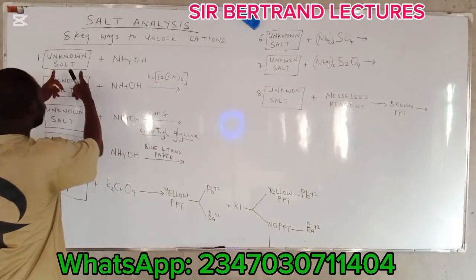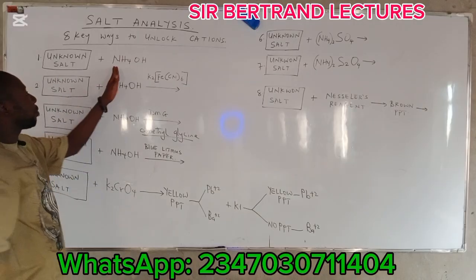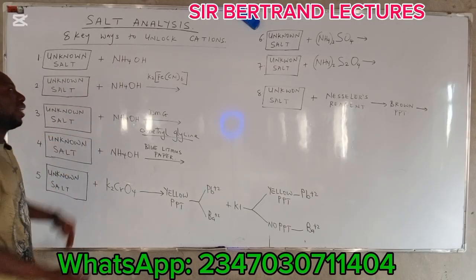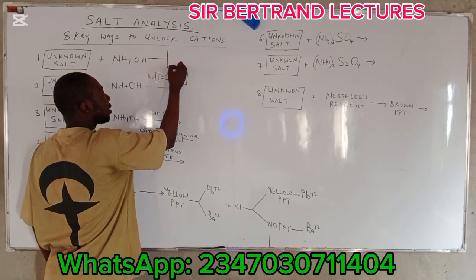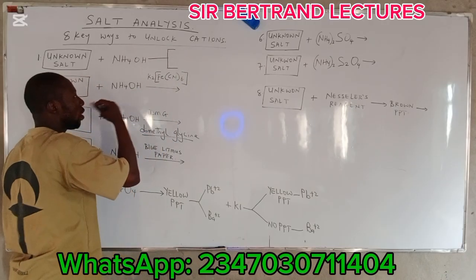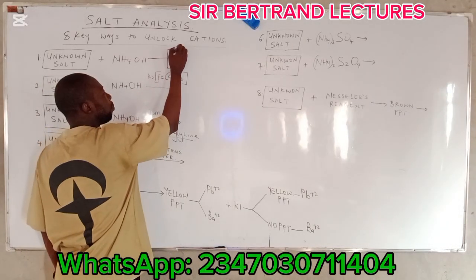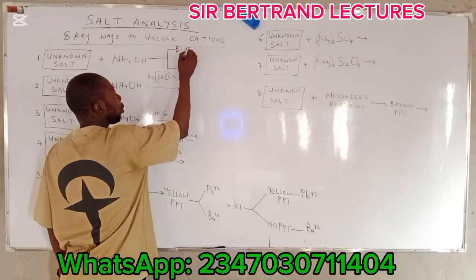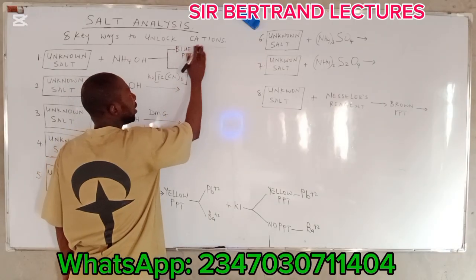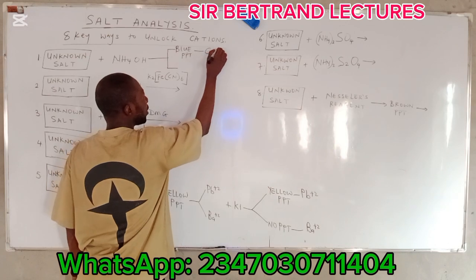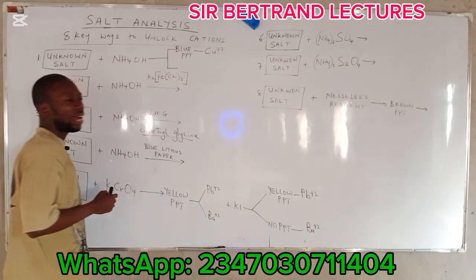Now, to an unknown salt sample here, you added ammonium hydroxide. All right? So it is possible that you are going to get these two colors. If it gives blue precipitate, it indicates the presence of copper ion.